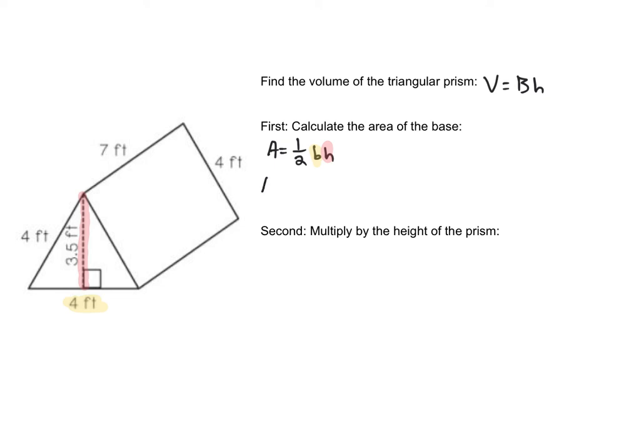So our area is 1/2 of 4 times 3.5, or area is 7, and we're talking about feet. So 7 square feet is the area of that base.